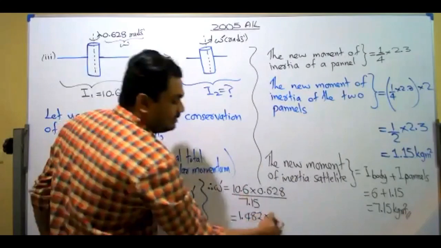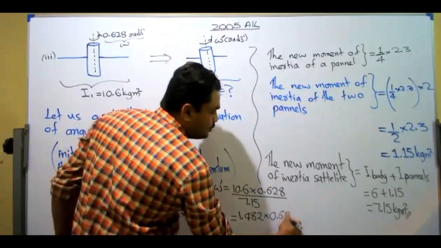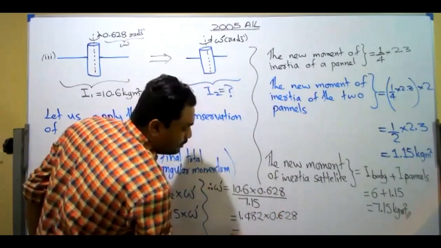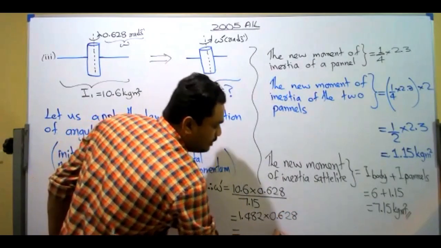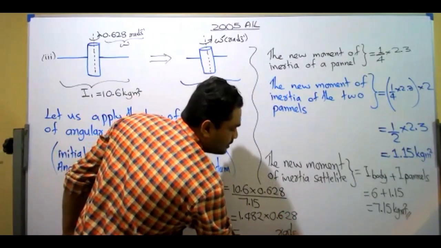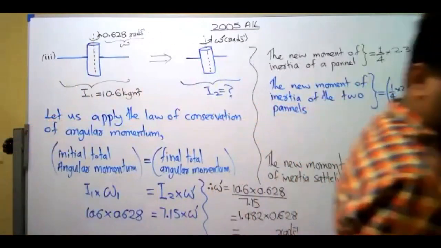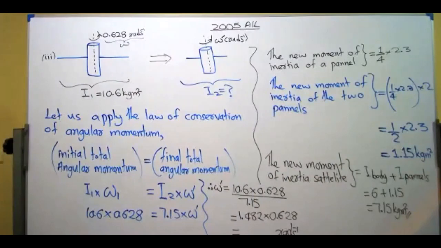Now the remaining number 0.628. Once we multiply these two, we will obtain the new angular velocity in radian per second. Try to multiply them.